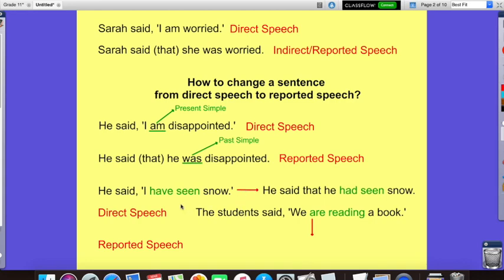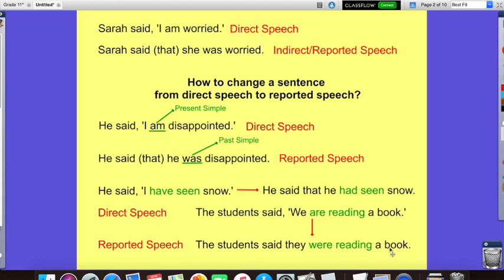The student said, "We are reading a book." This is direct speech. The student said they were reading a book. This is reported speech. Notice that the present continuous changes to the past continuous.